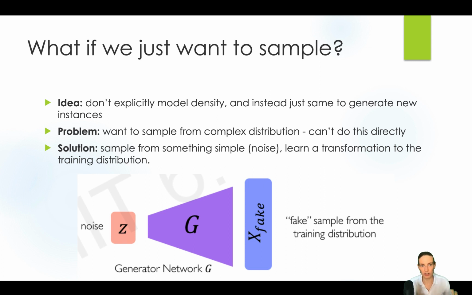We are just interested in generating new instances. So we want to sample from this complex distribution, but we can't do it directly. Right? So what we need to do is we're going to sample from something very simple, noise in the very beginning, and then we're going to learn a transformation from noise to meaningful data so that we can actually learn to generate new images.